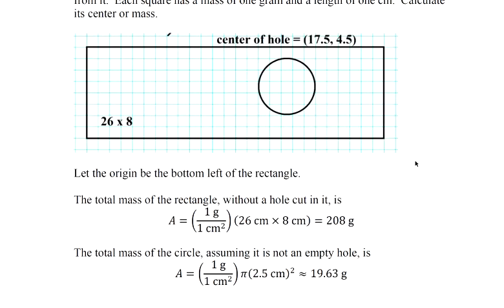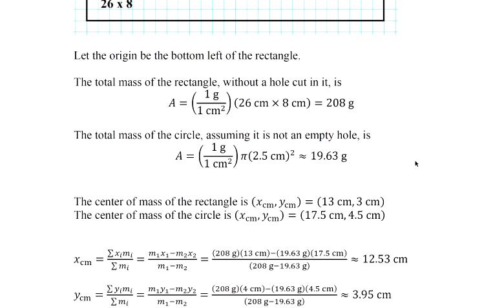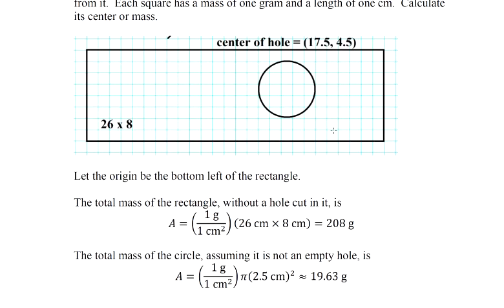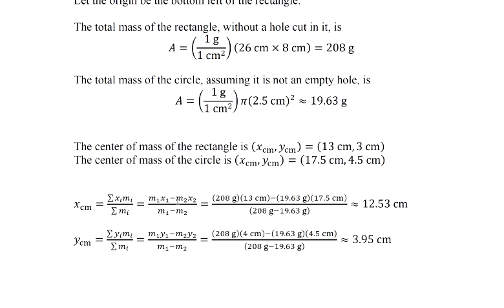Now remember, for problems 1, 2, 3, 4, 5, 6, this sigma would always mean add. But since there's a hole here, an area with no mass, we're going to subtract. You see, we're subtracting. So x is displacement, m is mass. Here we have displacement times mass. Here we have a minus sign because we're subtracting the hole, the circular hole.